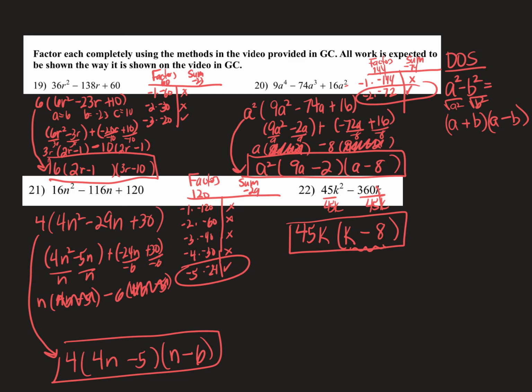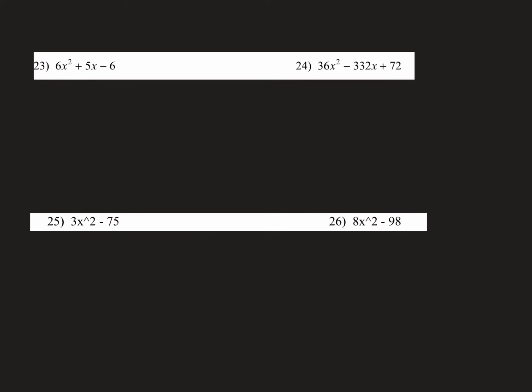Moving on to 23. Okay, I'm going to factor that completely. We'll change these two. We'll change this to 4x squared minus 64.